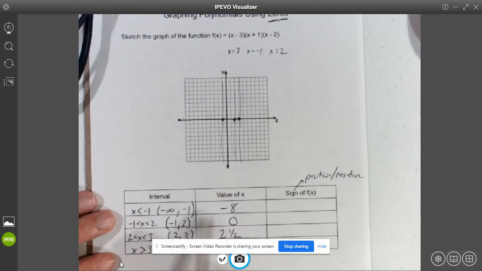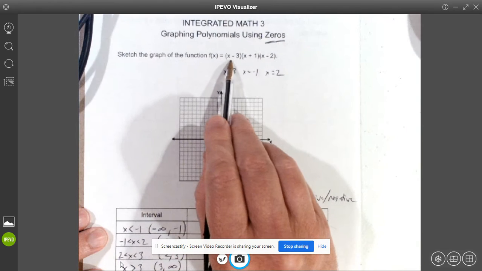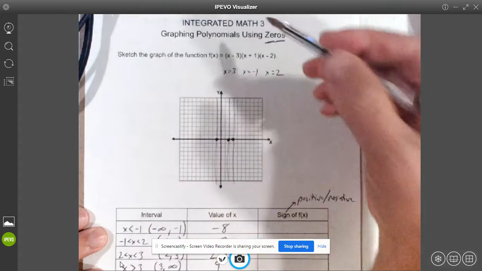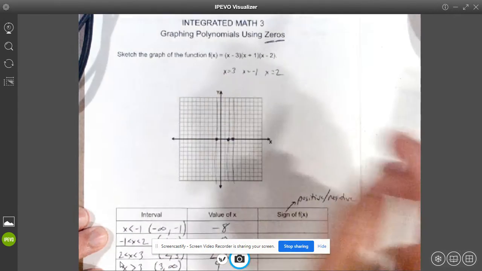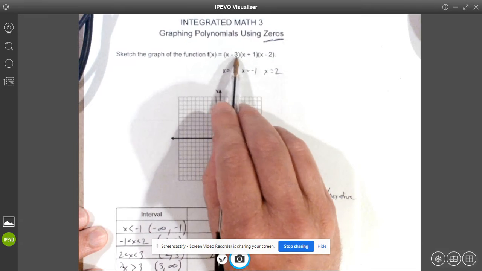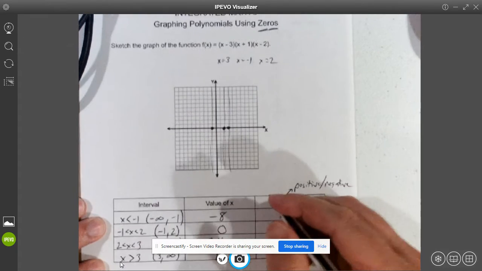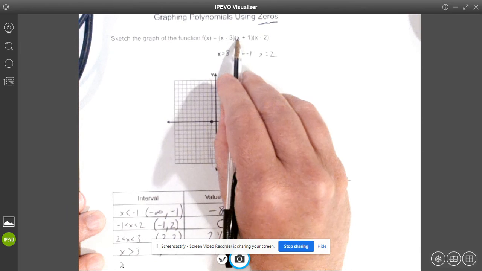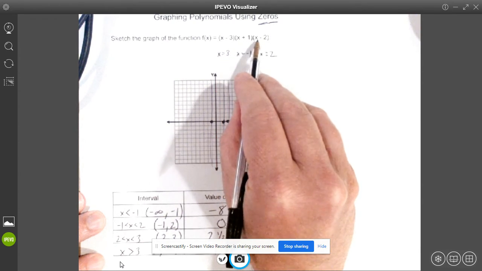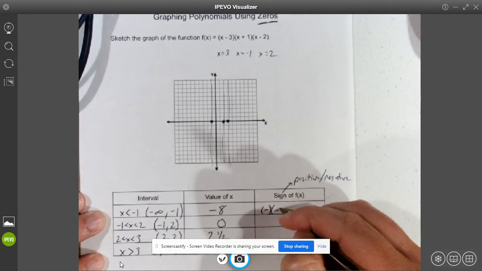So when I replace x with -8 up here, -8 minus 3, that's going to be a negative value. When I put -8 in here, -8 plus 1, that's also going to be a negative value.